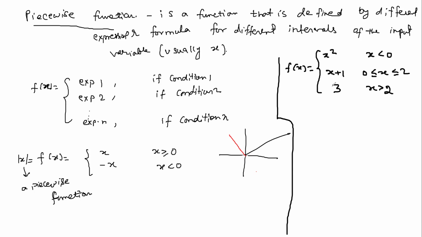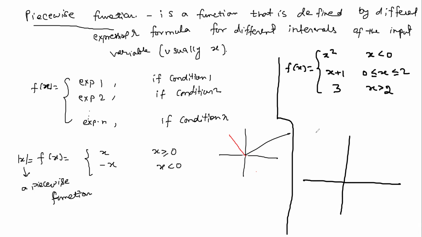If you want to plot the diagram of this function, how will you draw? First, I will draw this part. When x is negative, it means the left side. For the left side, it is a parabola.